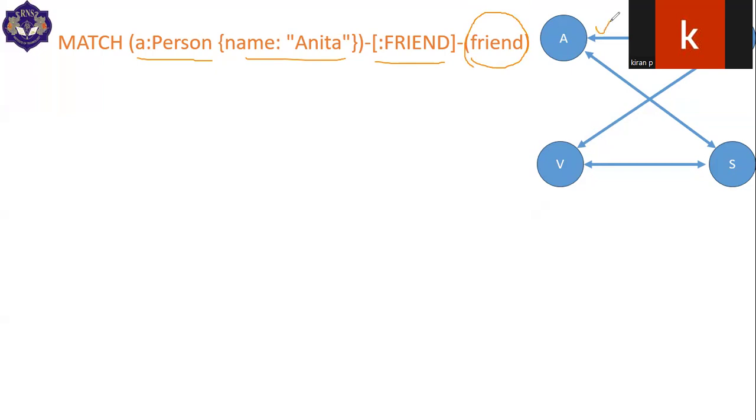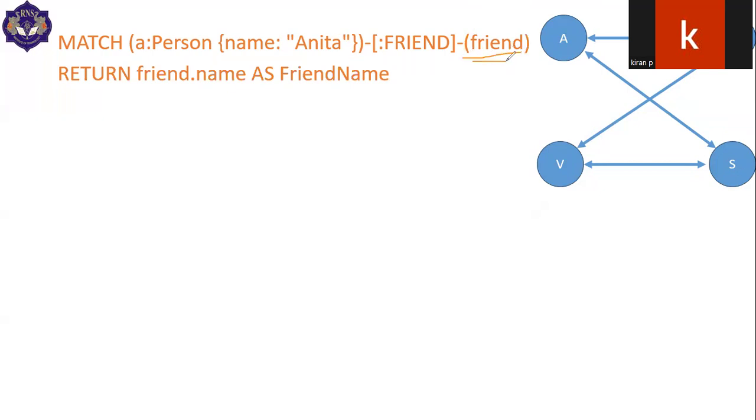So Anita is directly connected with what? Rahul. Anita is connected with Sneha. So these are the two friends. The end resultant of this is saved in friend.